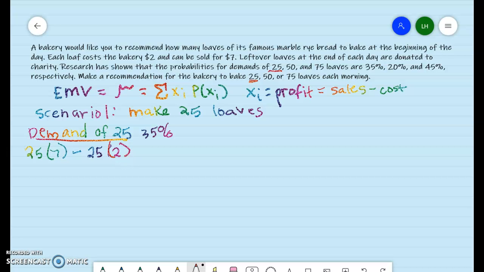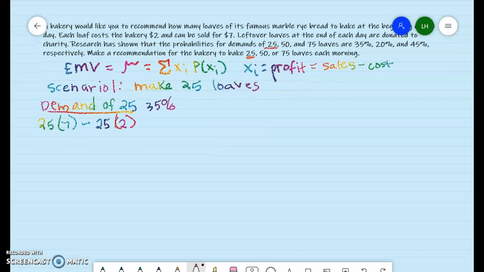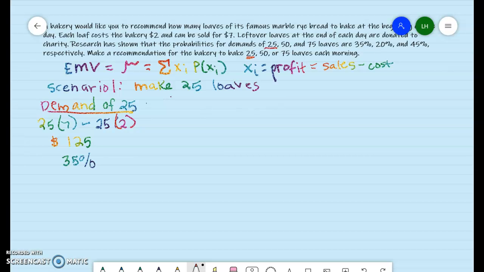So 25 times 7 minus 25 times 2 would equal 125. And the probability of the demand being 125 is 35%. So this is xi, and this is p of xi.